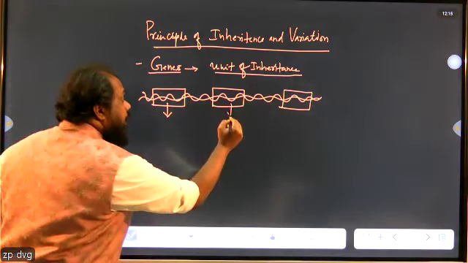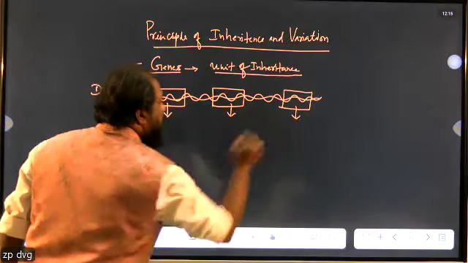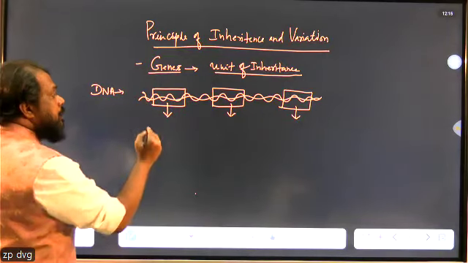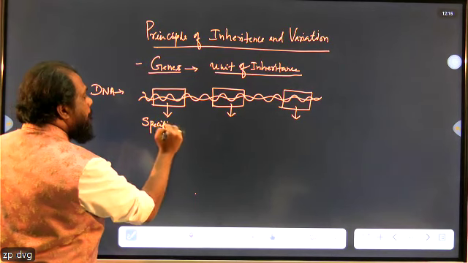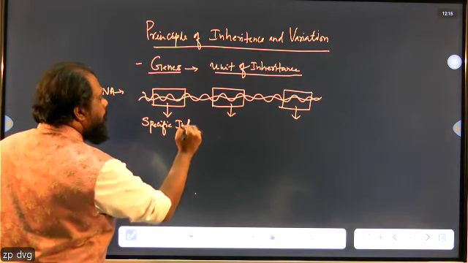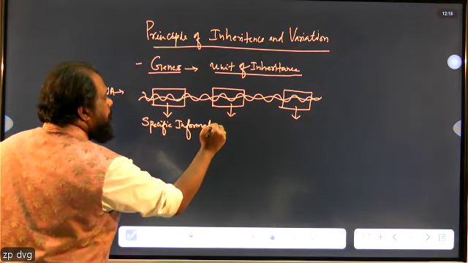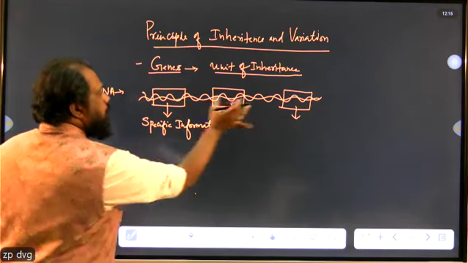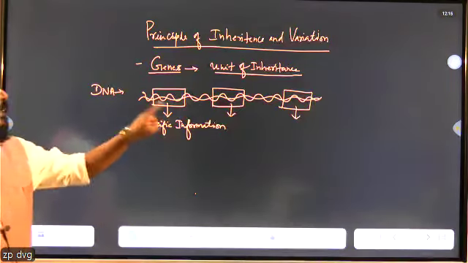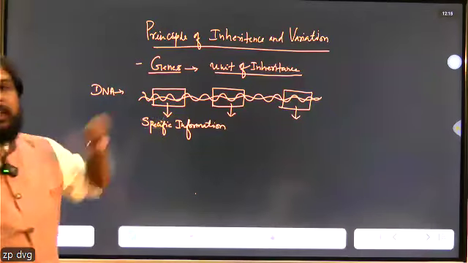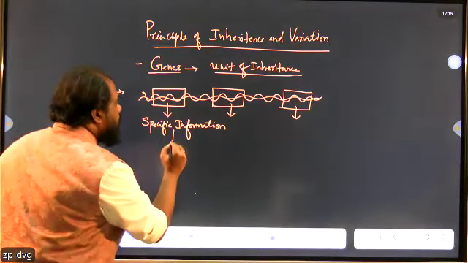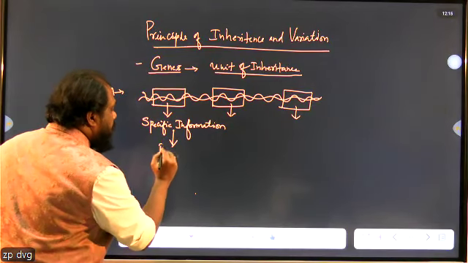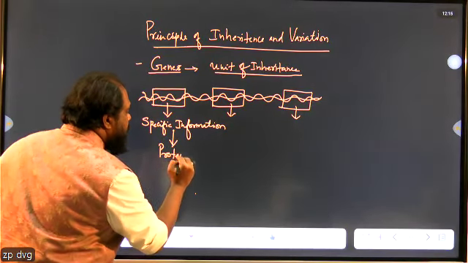You can ask me why these segments are very special. Because these segments have a specific information. What these sections are having? These sections are having a specific information. Now, the specific information for what? The specific information for protein synthesis.